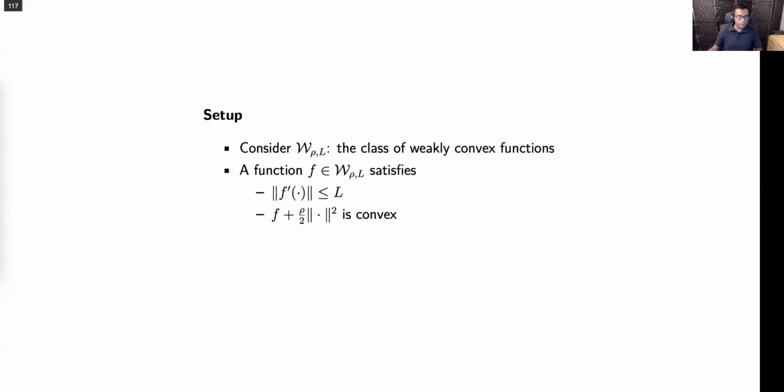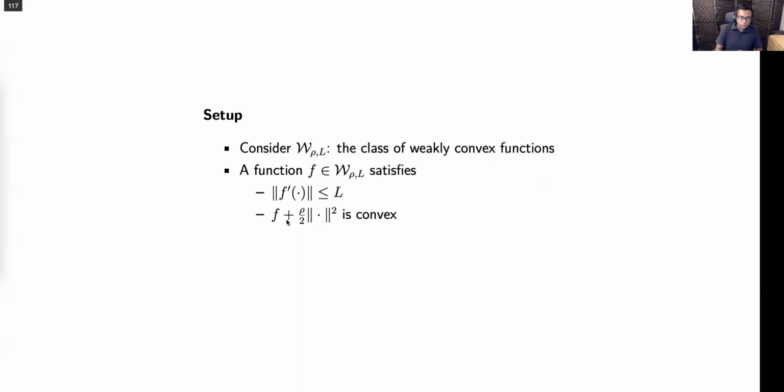Okay, so let's take a look at a non-convex setup. We will consider the class of weakly convex functions characterized by two parameters, rho and L. We say that a function f is rho weakly convex, L subgradient bounded if it satisfies these two properties. So these are non-convex functions, but their subgradient is bounded by this number L, hence the name L subgradient bounded.